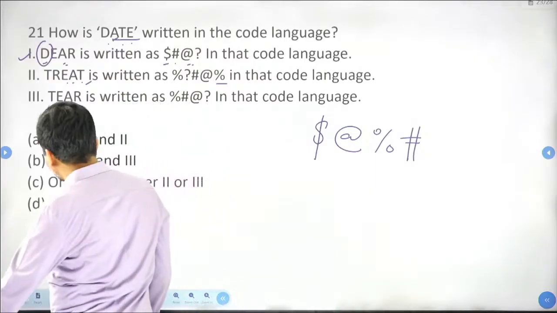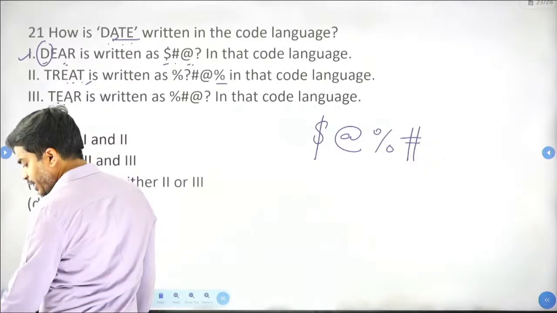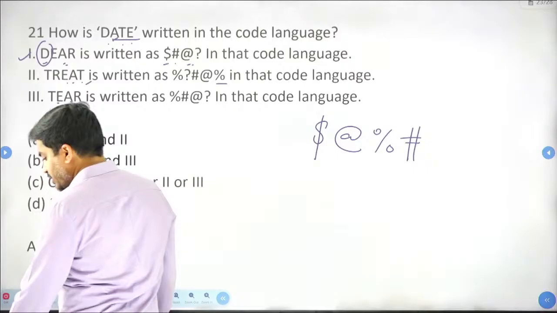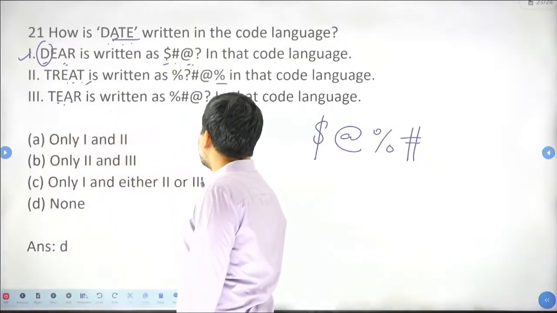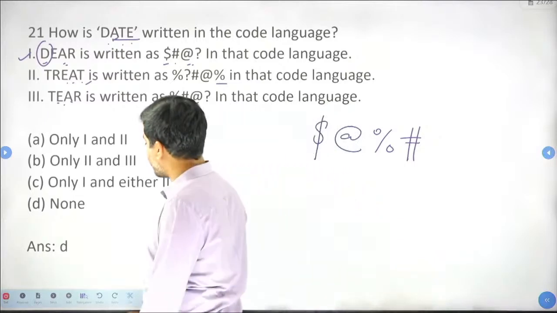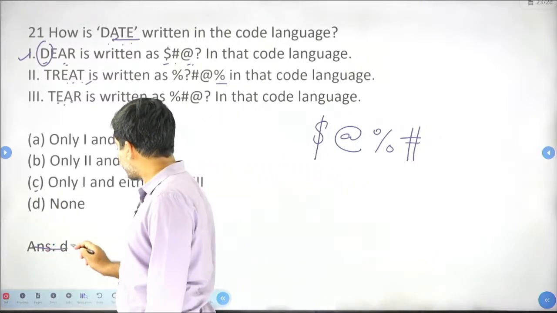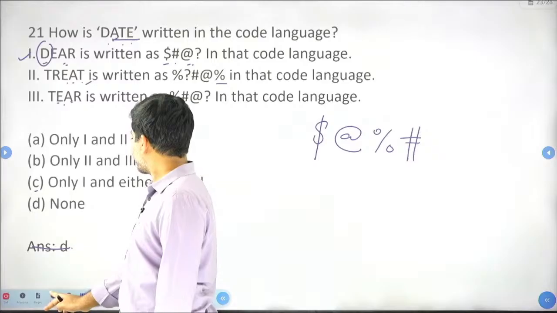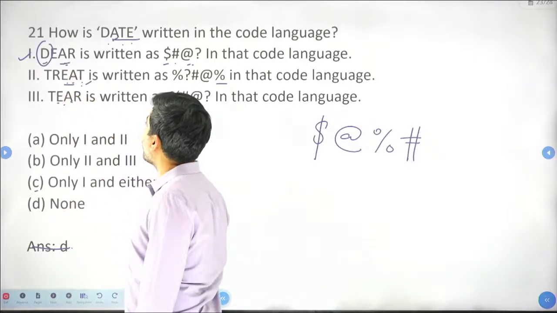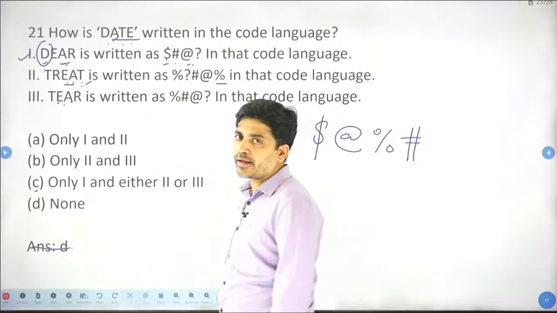So it is actually option C given. It is second or third and 1. Take this option, okay? First one and second or third required.